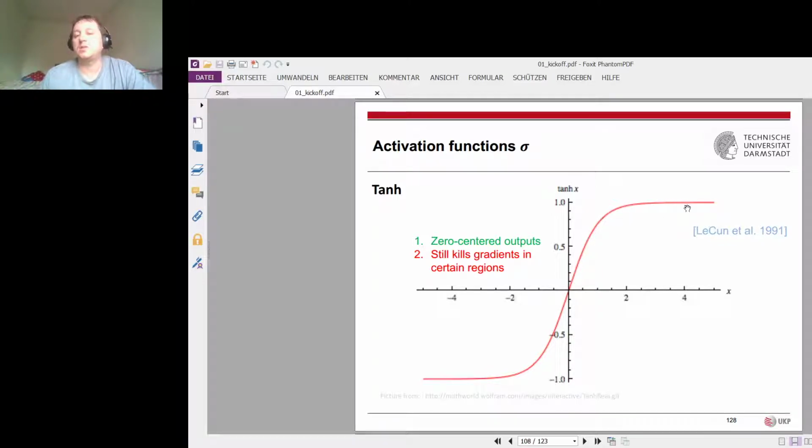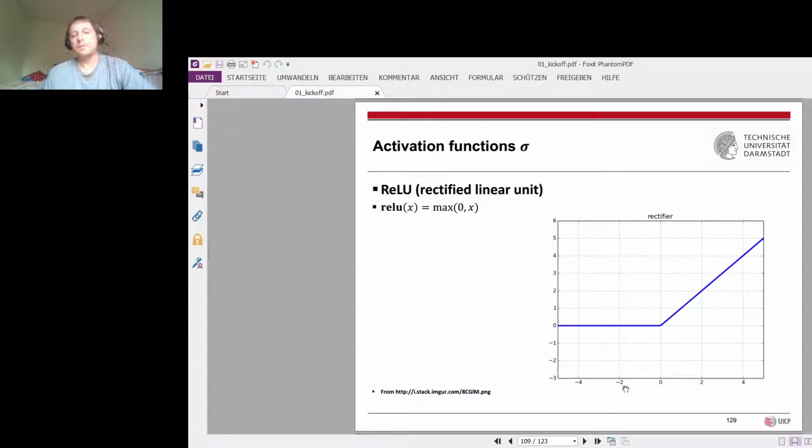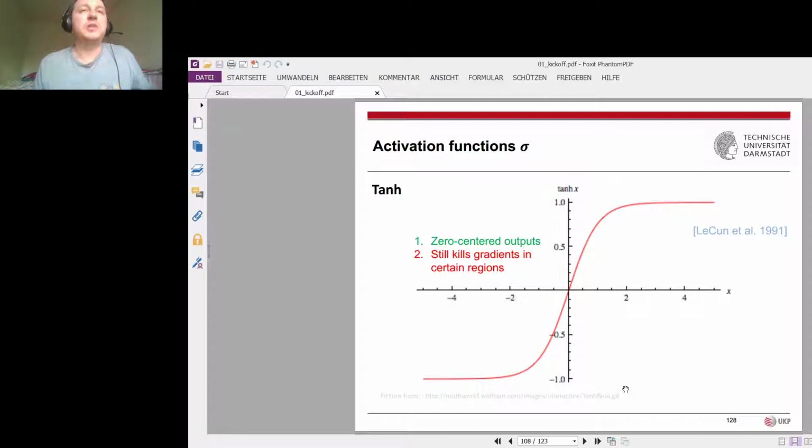Here the derivative is almost zero, and here the derivative is close to zero as well. Sigmoid was used for decades. Then, I think starting in the 1990s, tanh became popular and replaced sigmoid because it had the zero-centered property.